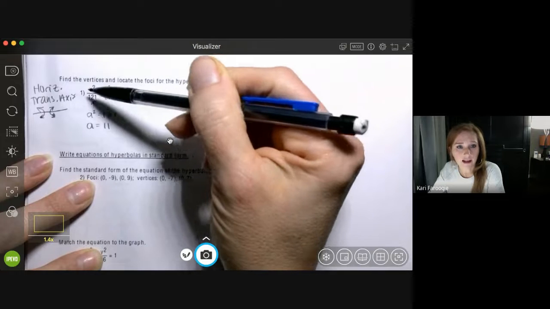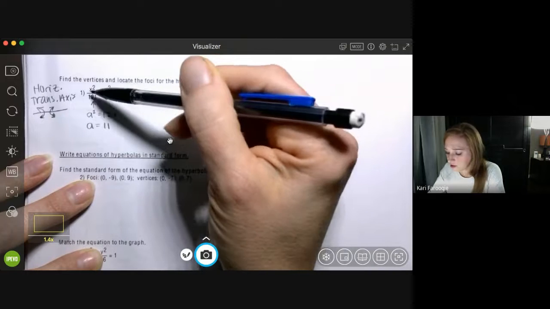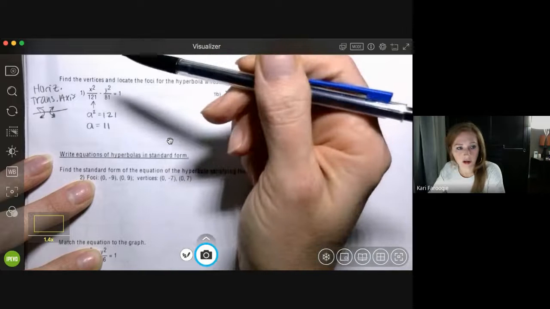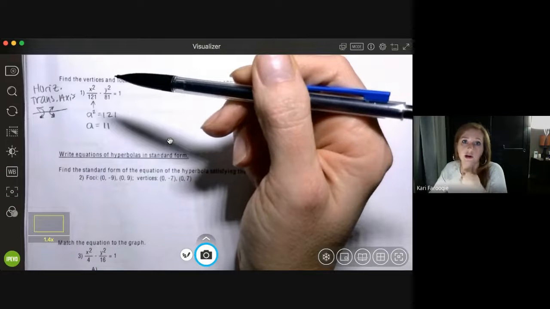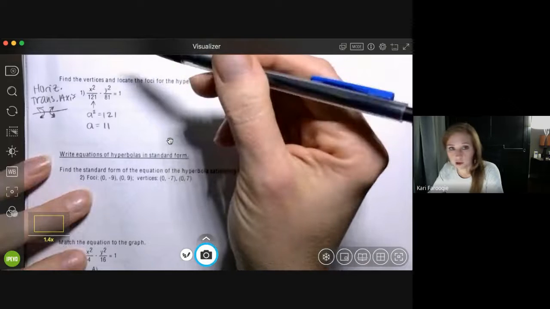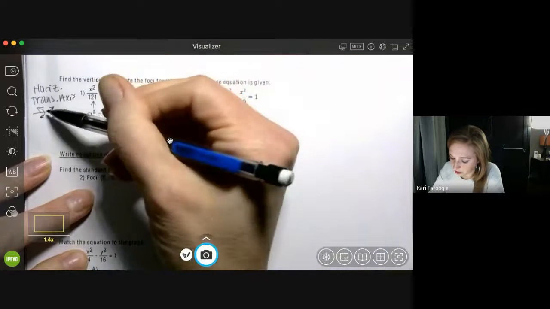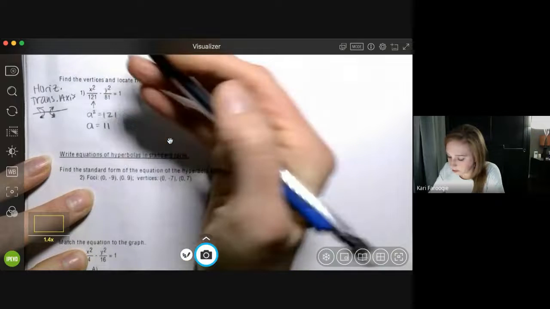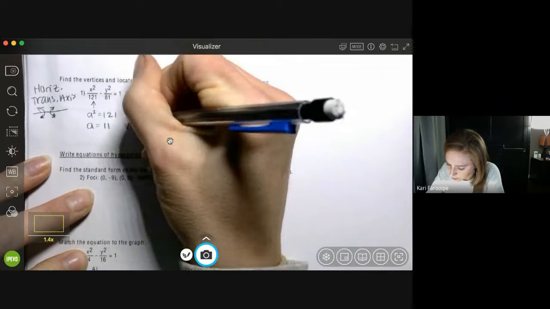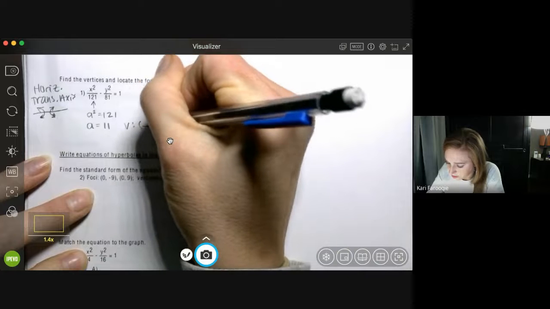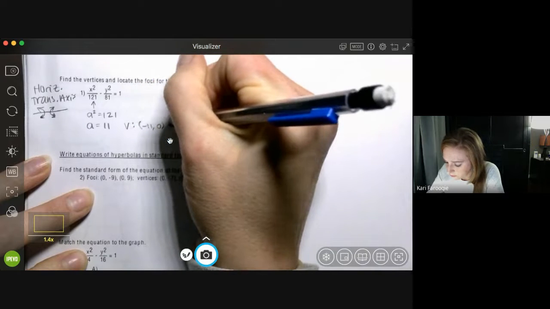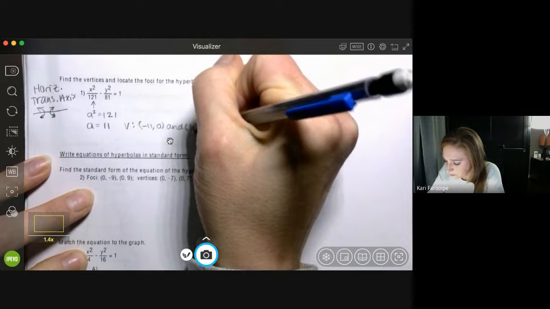We're not adding anything inside those squares. As long as you just have x squared and y squared, not x minus h squared and y minus k squared, then we know that this is centered at the origin. So you know that your vertices have to lie to the left and to the right of the origin. So our vertices are going to be listed at (-11, 0) and (11, 0).